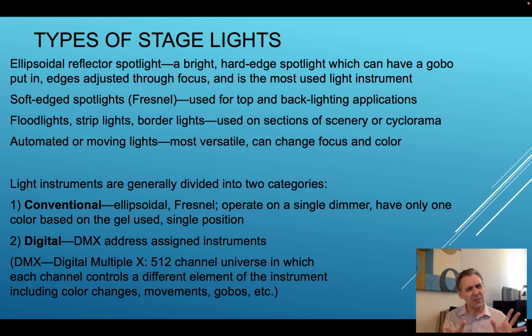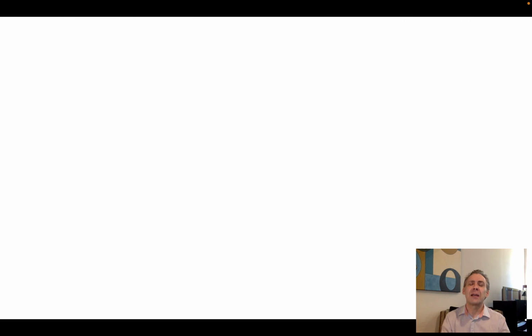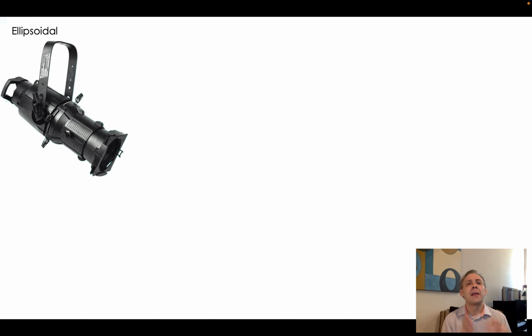Does that analogy make a little bit of sense? I hope it does. All right, so let's take a look at what I'm talking about. This is what the ERS, the ellipsoidal reflector spotlight, looks like. Typically, it's elongated. The barrel, this is what we call this right here. The barrel can be extended or contracted in.